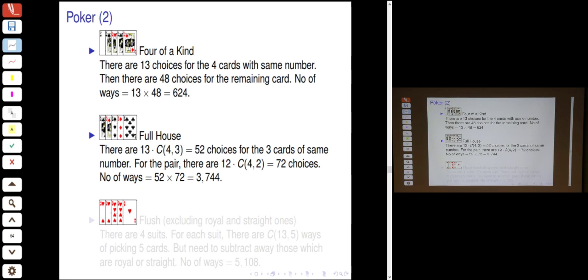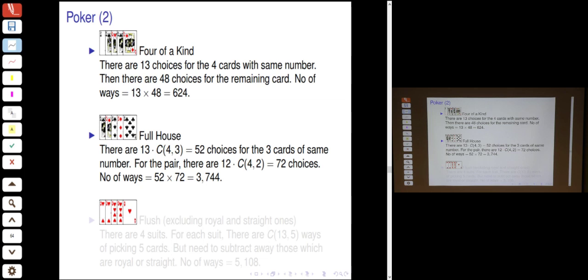So how many ways to choose the 3 cards of the same number? There are 13 choices. Suppose you choose 8. There are 4 eights, but you only choose 3. So you have to decide which 3, or equivalently, which one you throw out. So to choose these 3 cards, you have 13 times 4 choose 3, which is the same as 4 choose 1.